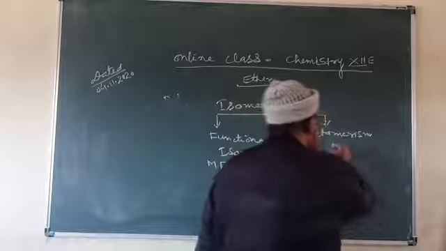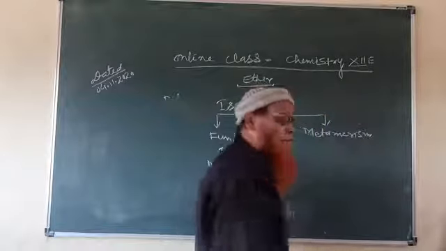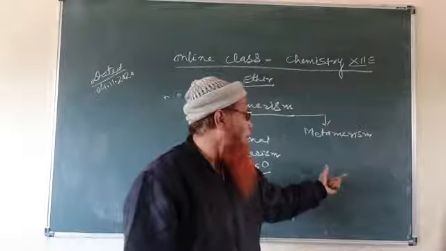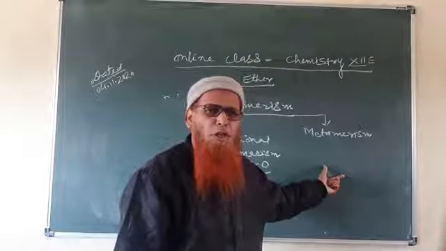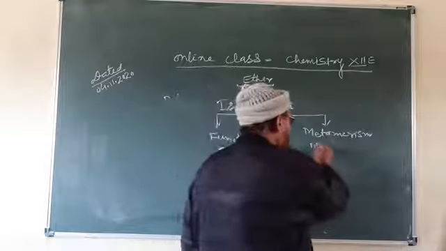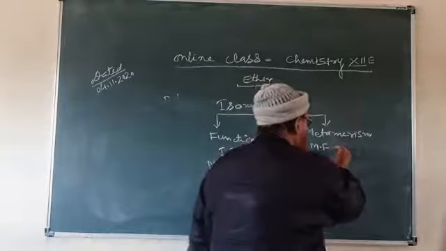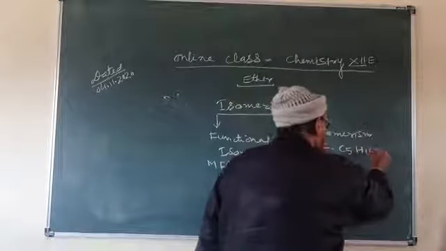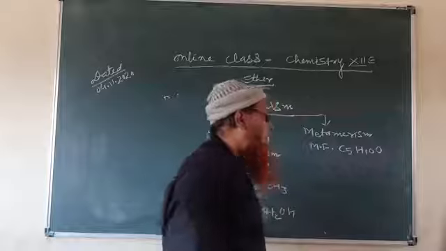And second is metamerism. What is the metamerism? Metamerism means two or more isomers are formed due to the difference of alkyl groups. For example, the molecular formula of a compound is C5H10O.